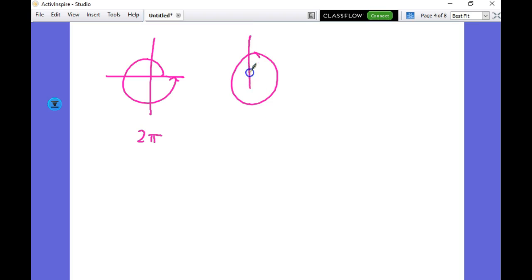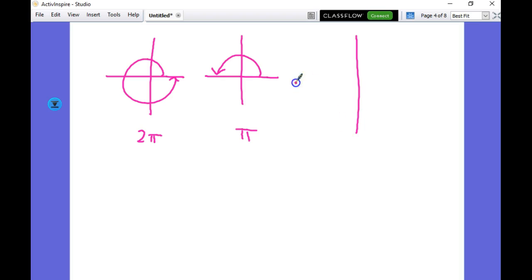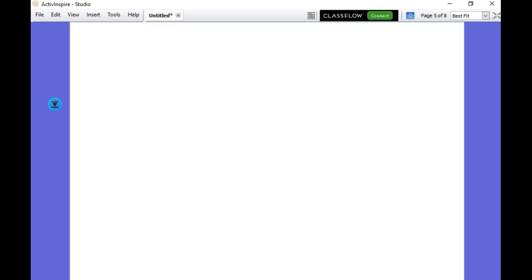And how much is that? And how much is that? So knowing those 4 are going to be helpful for today. Knowing what a full circle is, knowing what a half circle is, and knowing what a quarter circle is. We're going to be using those today to answer a lot of these questions.